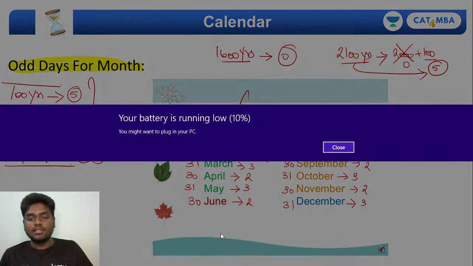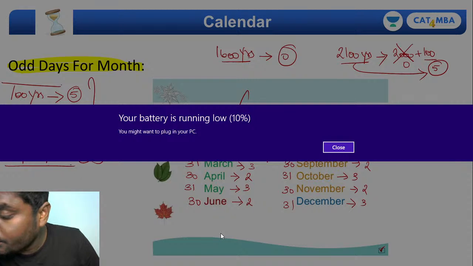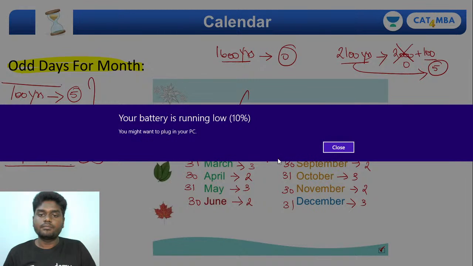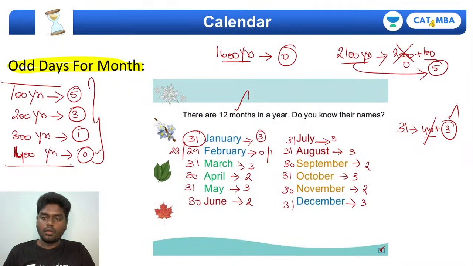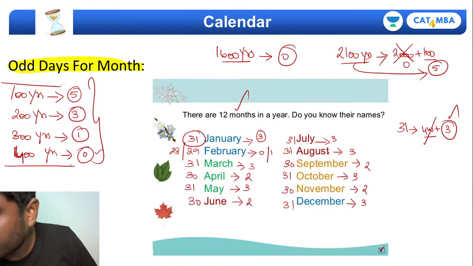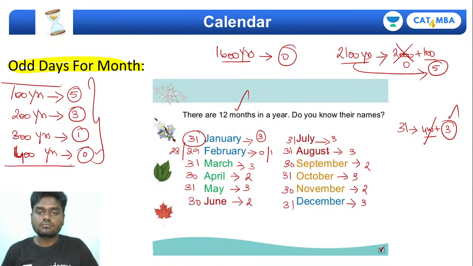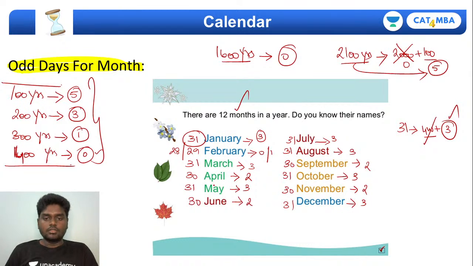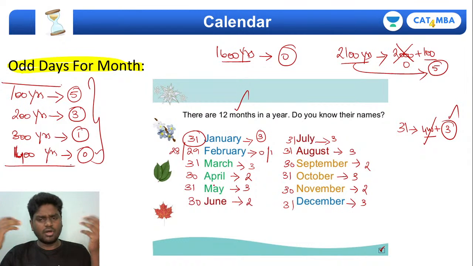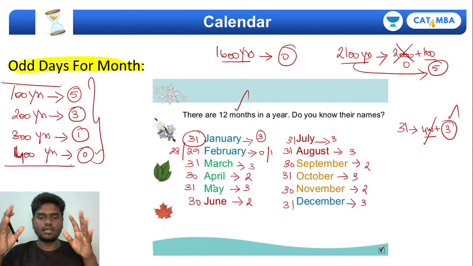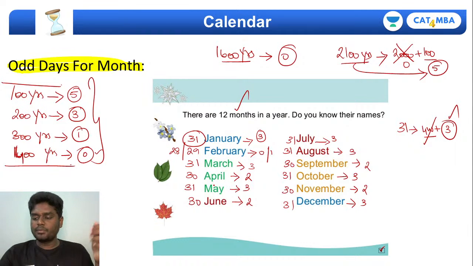So guys, these are the respective odd days for the respective months. Very important. You really need to remember this, and if you can't, try to have some easy tricks, which is how a lot of people try to find the number of days for the respective months.